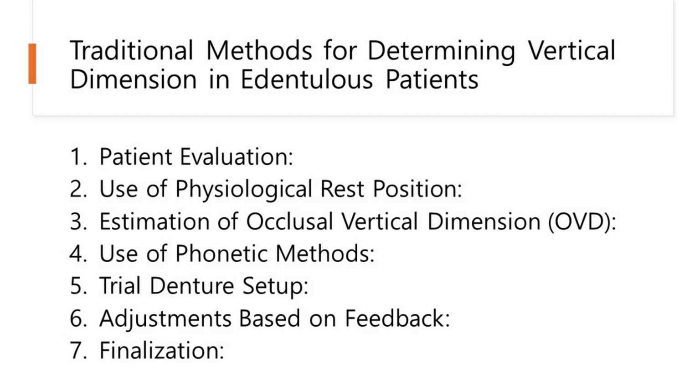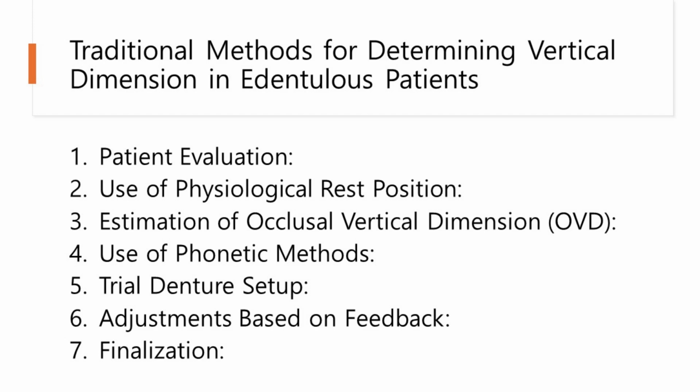These initial assessments help guide our restoration plans. Use of physiological rest position. We measure from the tip of the nose to the chin while the patient is relaxed. This gives us the vertical dimension at rest, or VDR, which is foundational for our next steps.